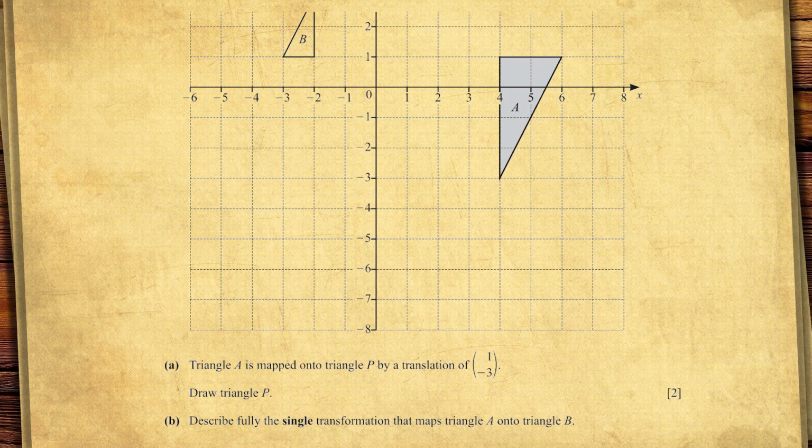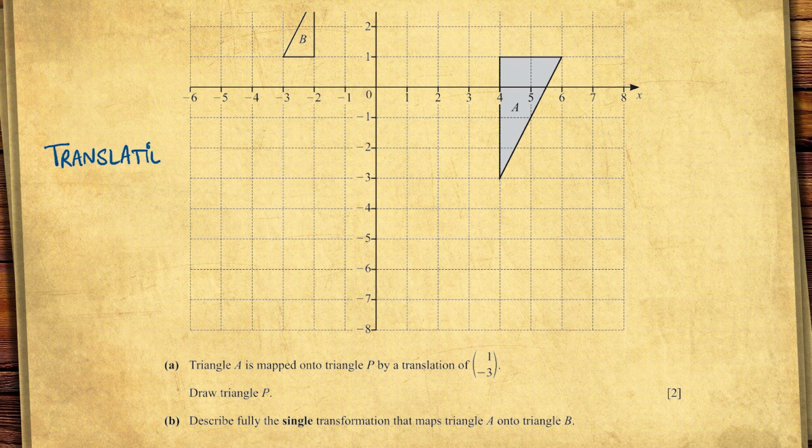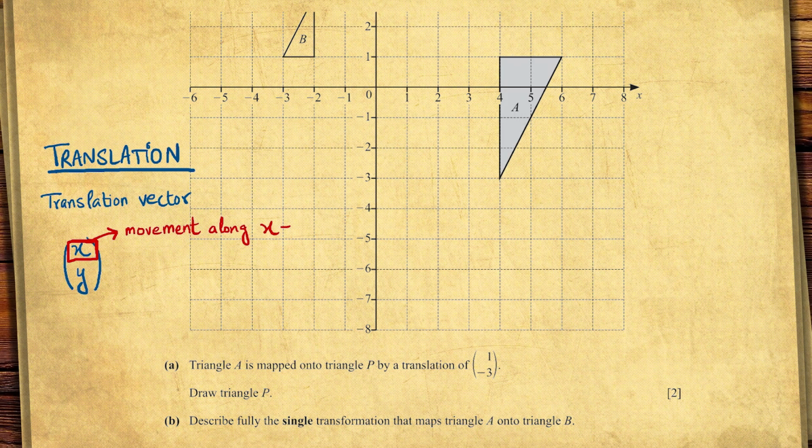Now triangle A that is given to us, we need to transform this triangle A into triangle P. And we need to do that by translation, and the translation vector is (1, -3). Now in translation, the translation vector has an x value and a y value. The x value indicates movement in x direction, that is movement to the right or to the left.